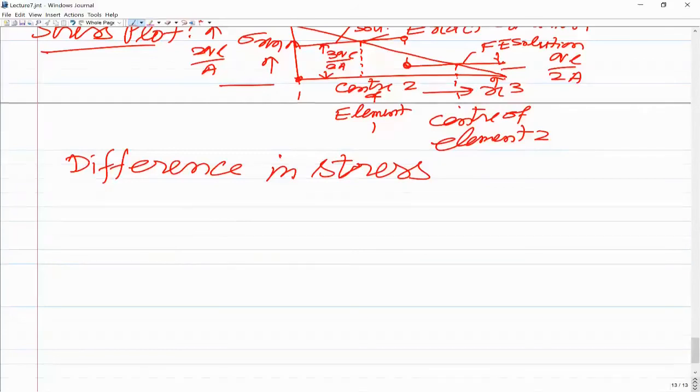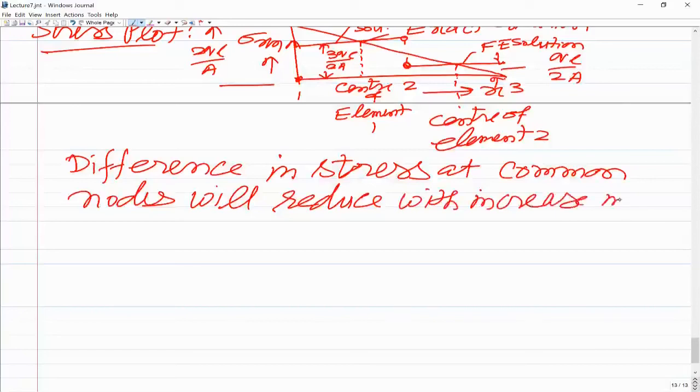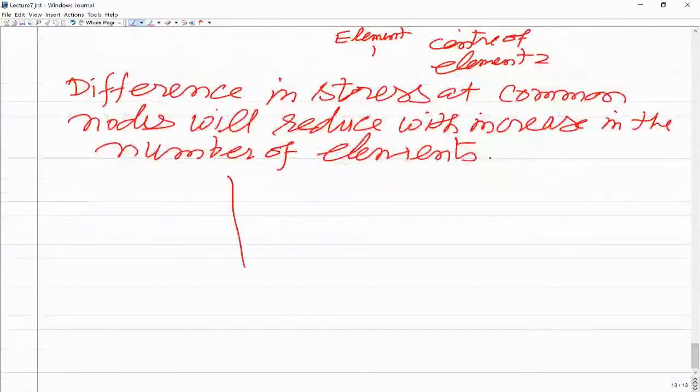So the difference in stresses at common nodes will reduce with increase in the number of elements.